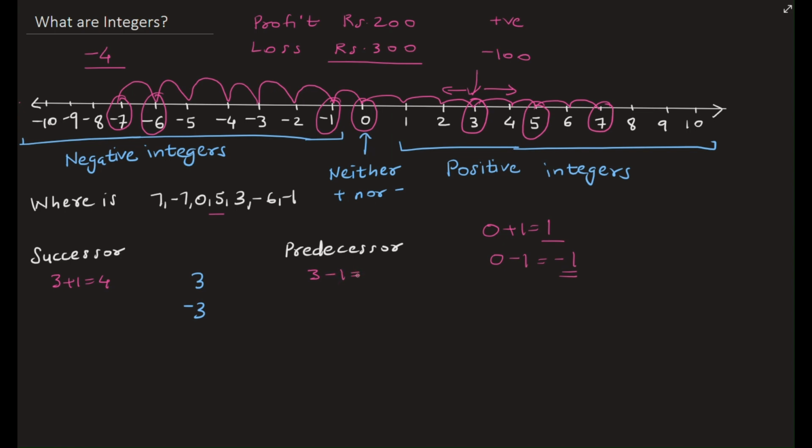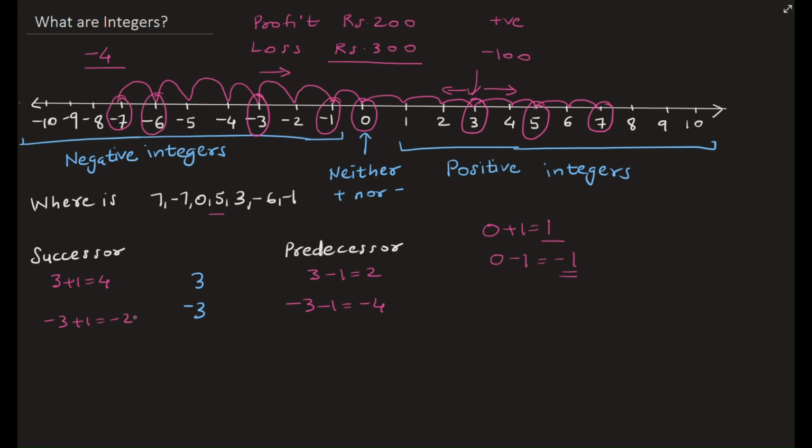And 3 minus 1 equals 2. Then I have negative 3 here on the number line. Just one step to the left is the predecessor: negative 3 minus 1 equals negative 4. And just one step to the right is the successor: negative 3 plus 1 equals negative 2, which is the successor of negative 3.